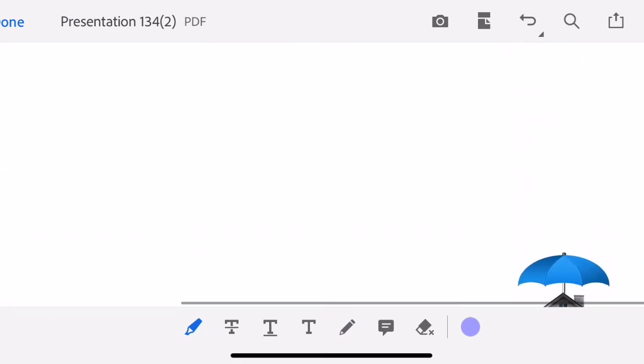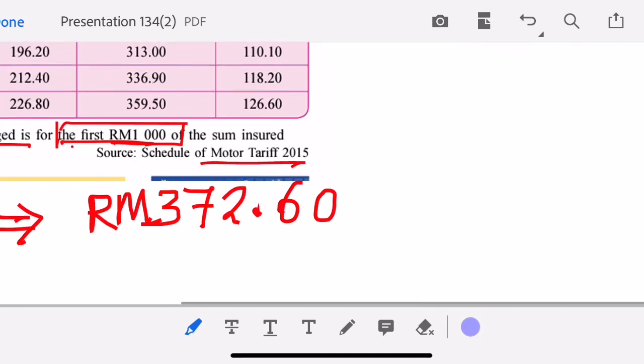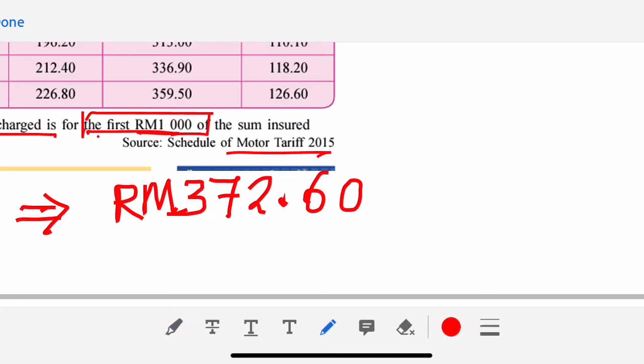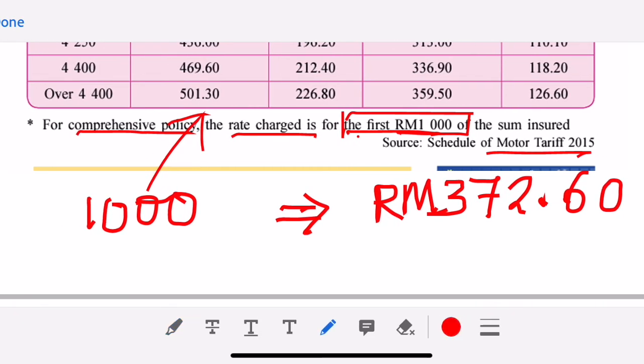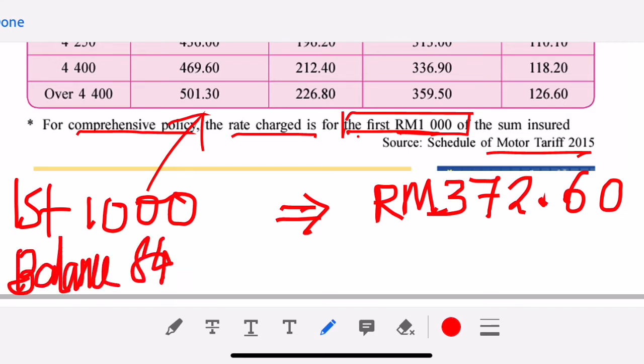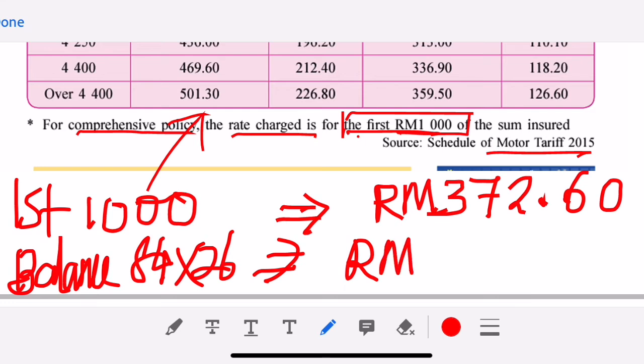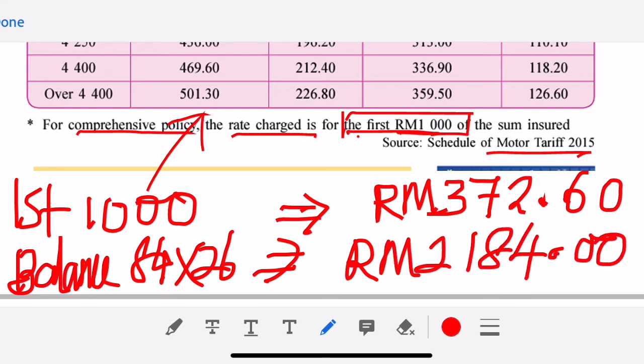So according to the table just now, for the first 1,000, Encik Bakri has to pay 372.60. Then for the balance of 84,000 per 1,000, he needs to pay the amount of RM2184.00, right?